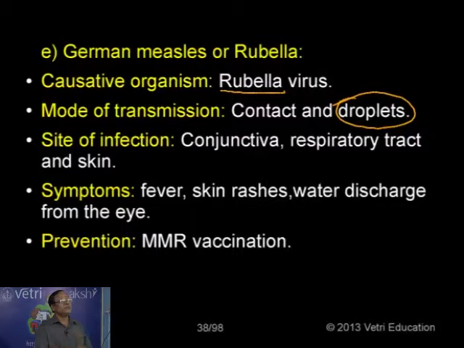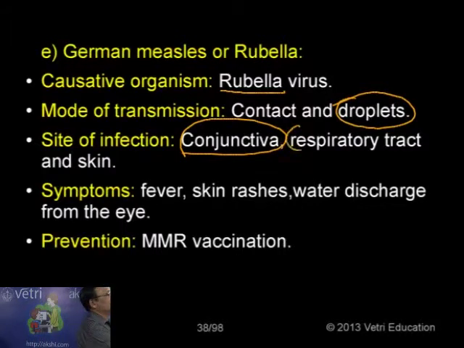The main site of infection is the conjunctiva. That is why the main symptom to begin with in German measles, as in normal measles, is redness of the eyes. Sometimes we also have discharge. The main organ affected is the conjunctiva, the transparent layer covering the cornea of the eye, because the portals of entry for the virus are mainly the conjunctiva and also other respiratory passages.